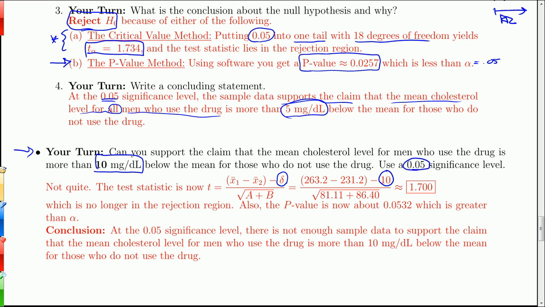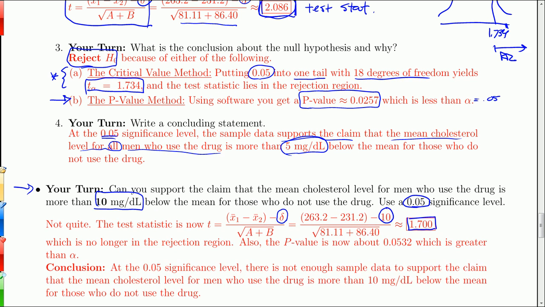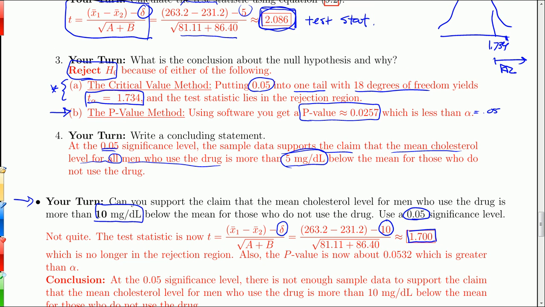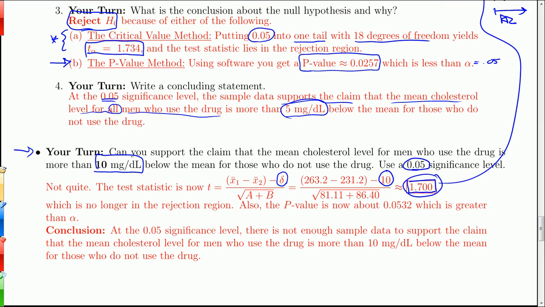And what that does is it changes our test statistic to 1.700. And what we see, and we're going to have the same critical value, 1.700 is no longer in the rejection region. Right? So we would fail to reject the null hypothesis.